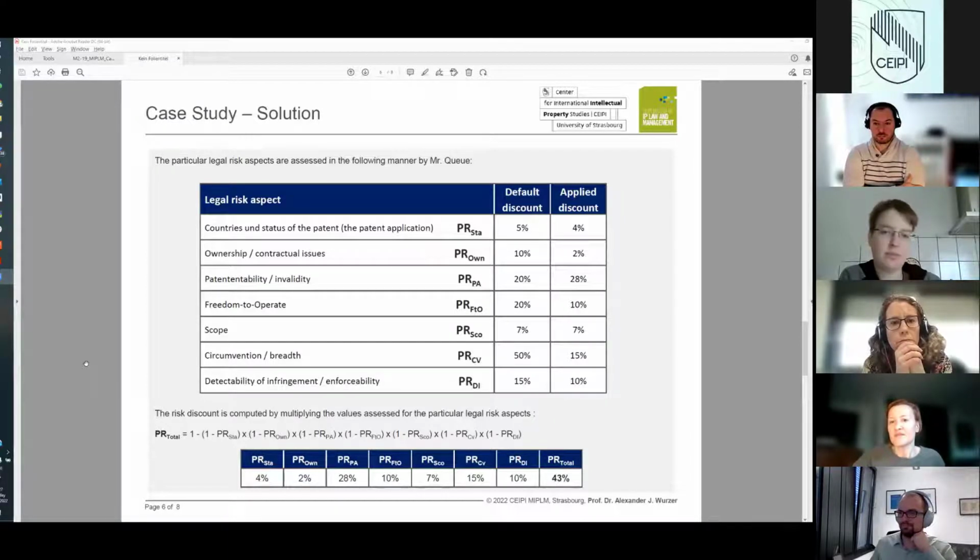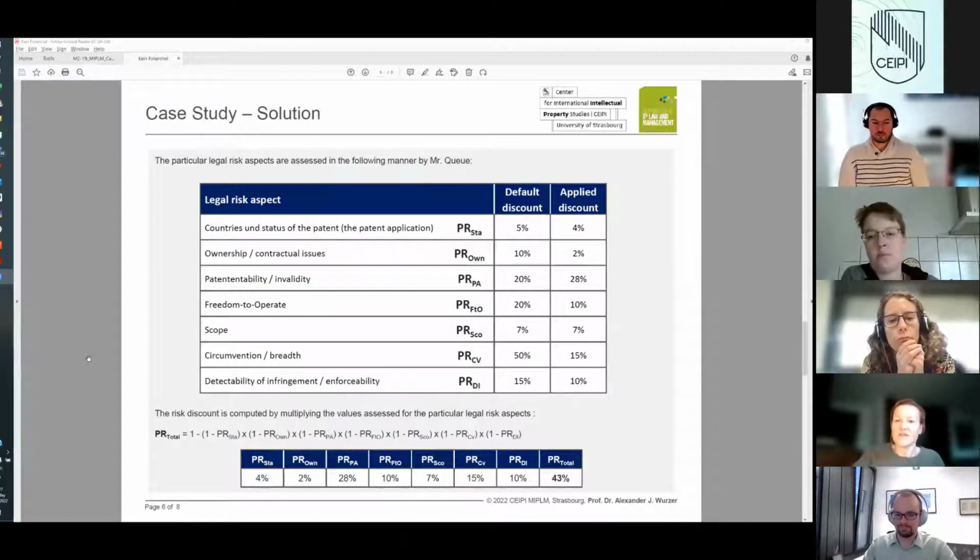And for the breadth, we analyze the situation from the specific products, and it seems that it's not necessary to apply this 50% discount because of the technological novelty again. And the enforceability is again quite easy, with relatively low risk, taking into account that the technology is Schneider's at the moment.